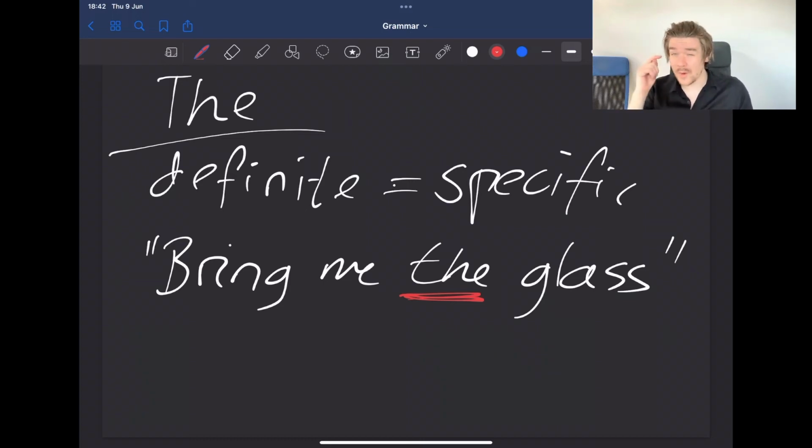It needs to be the one I'm thinking of. So in other words, the definite article is used to reference something specific, and it is used only when both the speaker and the listener or the reader both know what item or thing we are talking about.